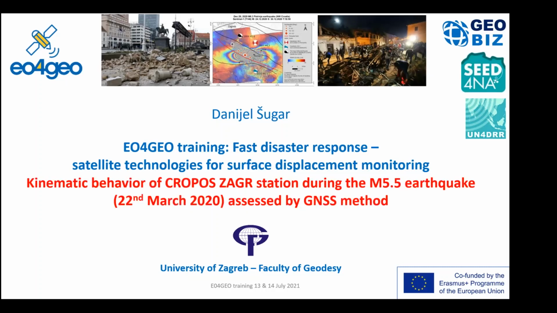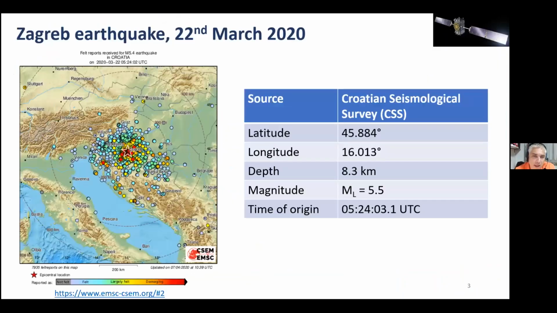So the first case study is related to the kinematic behavior of the CROPOS Zagreb station during the M5.5 earthquake, which occurred on 22nd of March of last year. That kinematic behavior was assessed by a GNSS method.